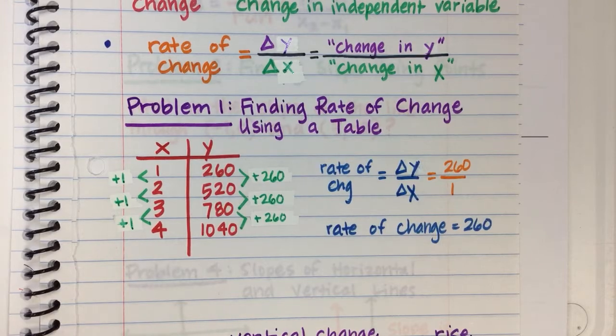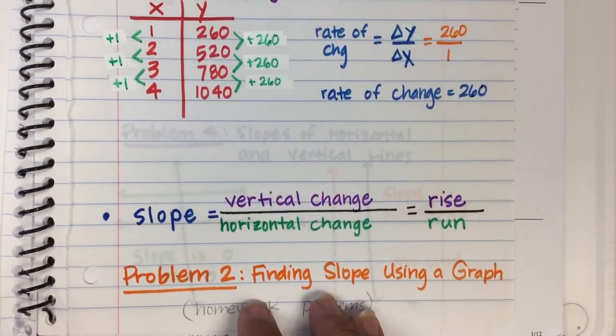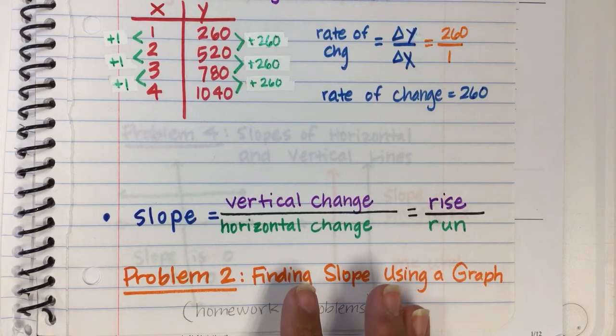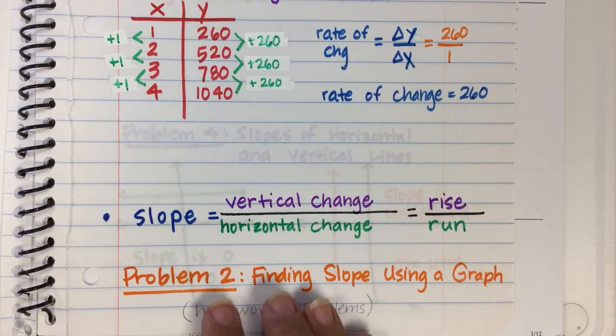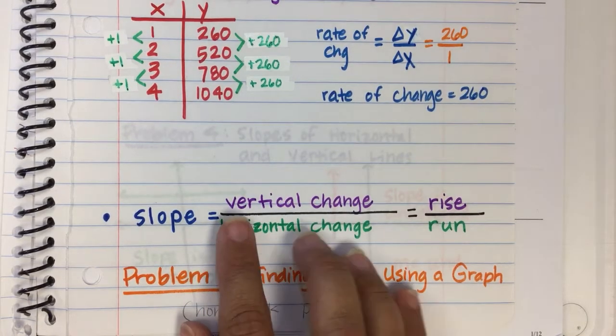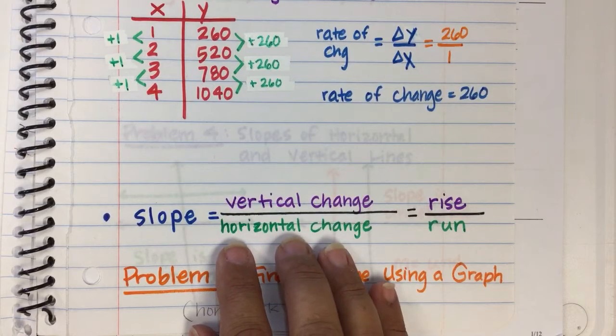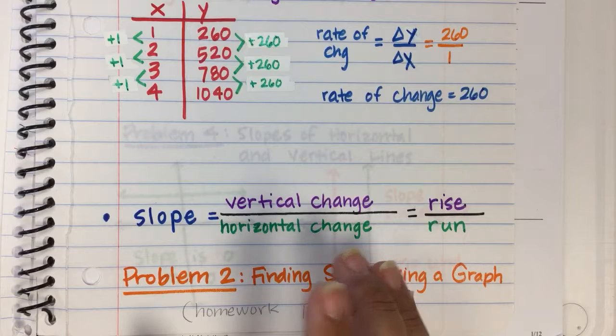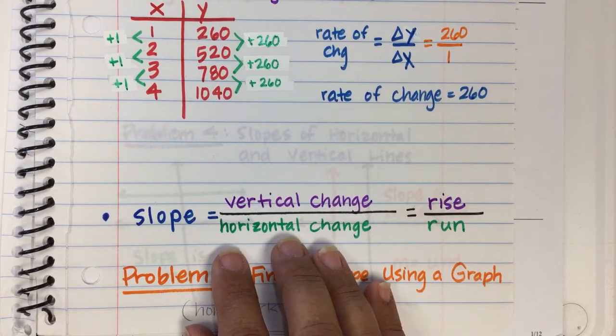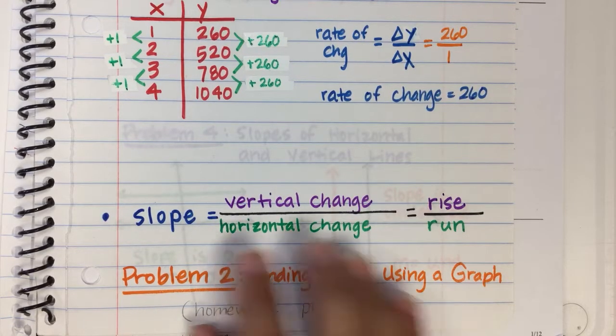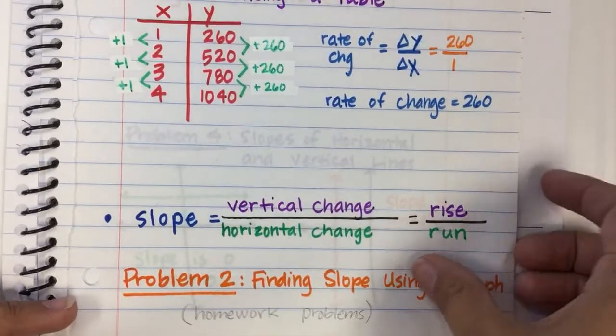All right. Slope can be found by using the equation vertical change divided by horizontal change, which is rise over run. So you can find the slope by looking at rise over run.